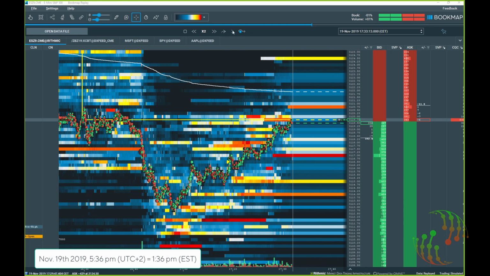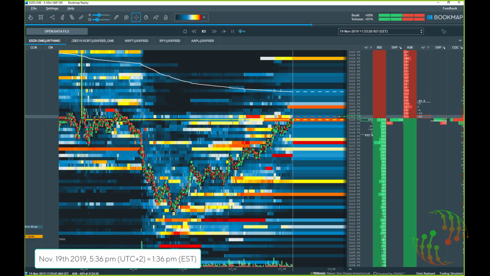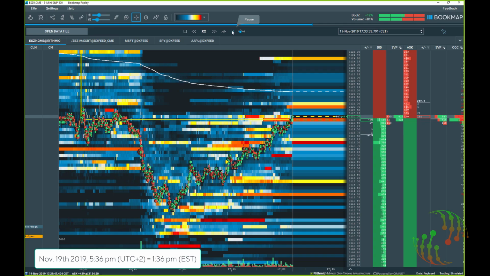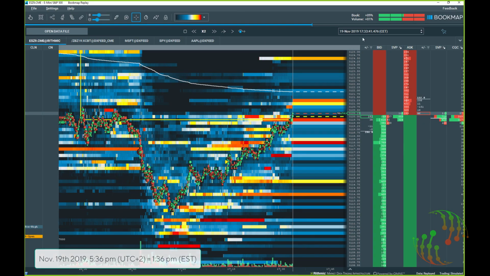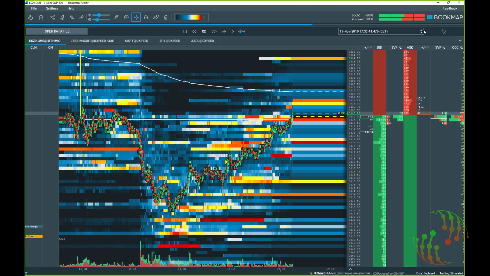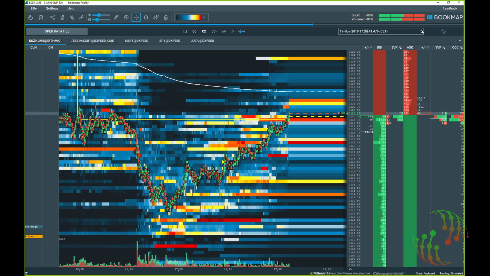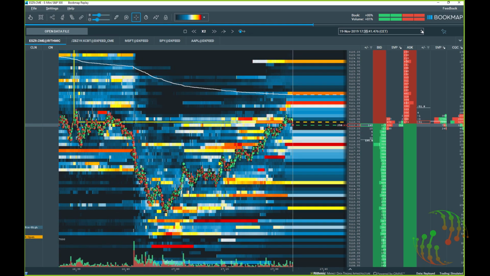Okay, then let's jump into 5:36, I think it is. Just make it a little bit faster. You can jump into the timestamp and then select the second you want.